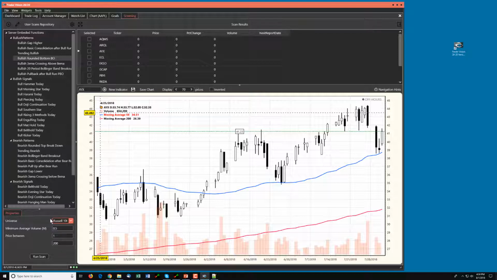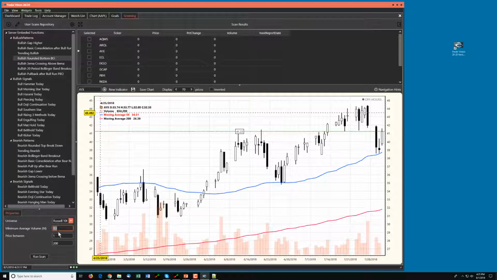So let's just say I'm going to choose to run my scan against the Russell 1000, the high cap 1000 universe. The next thing you do is choose a minimum average volume. At the moment, this is a 200 period moving average, but I will change that to like 90 or 50, and eventually that will be something you can select yourself.